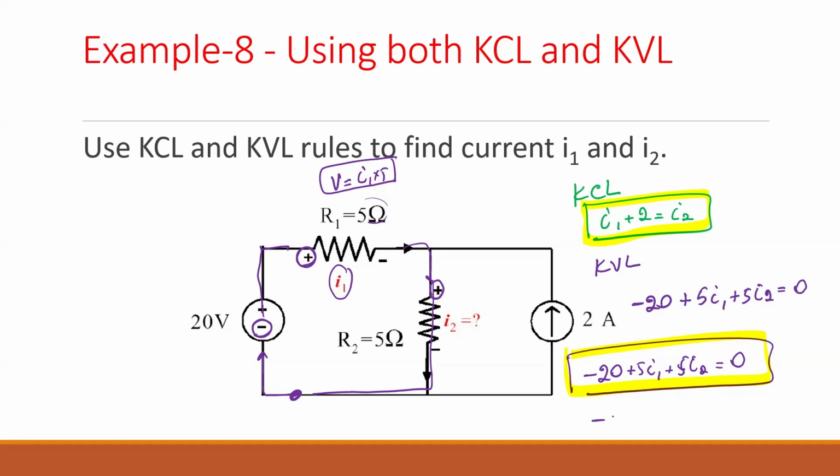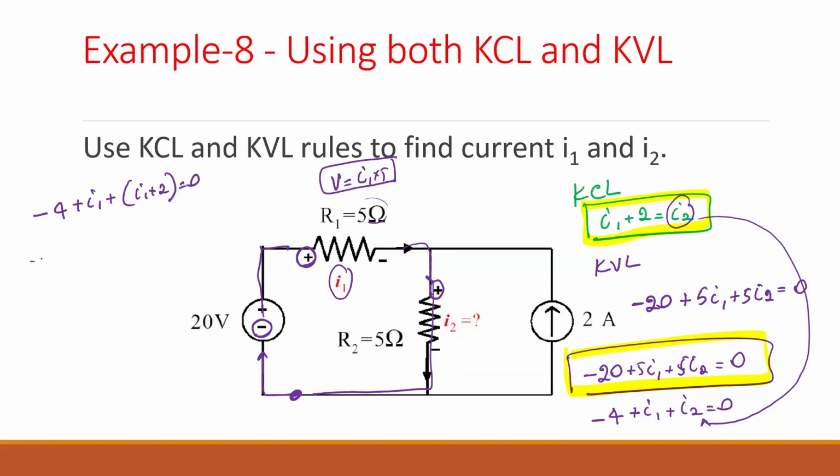So we can say this one is, we can divide all the terms by 5. So negative 4 plus I1 plus I2 is equals to 0. And I can substitute I2 from this one to this. Instead of I2, I'm going to write I1 plus 2 is equals to 0.